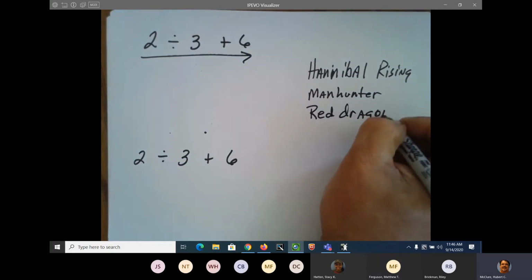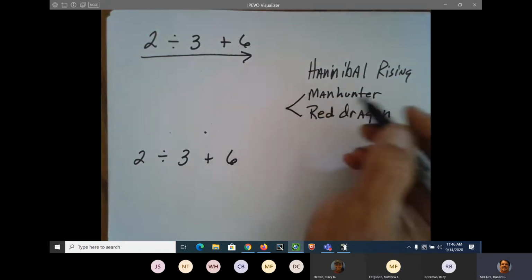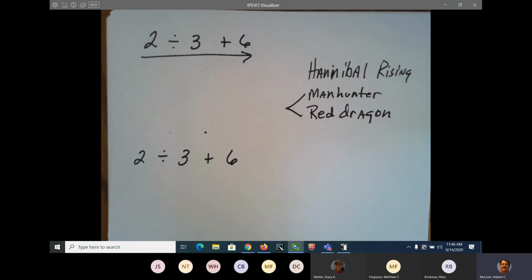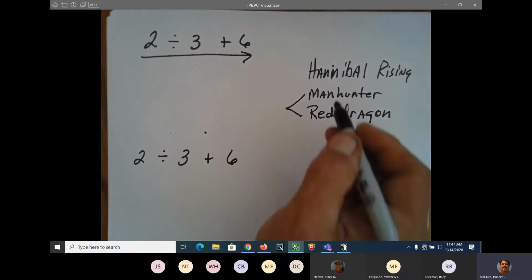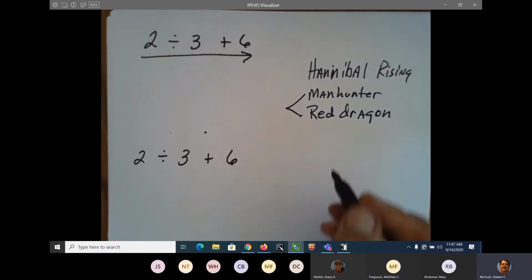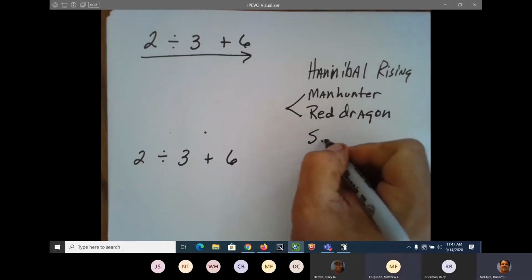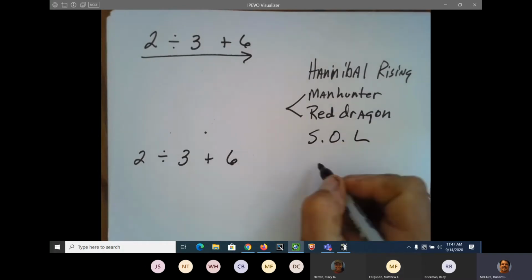Now those two are about the same. Manhunter was filmed in 1980 or 86. And Red Dragon was done like in 2001, and it's the same movie. Red Dragon is a remake of Manhunter. And then Silence of the Lambs, and then Hannibal.